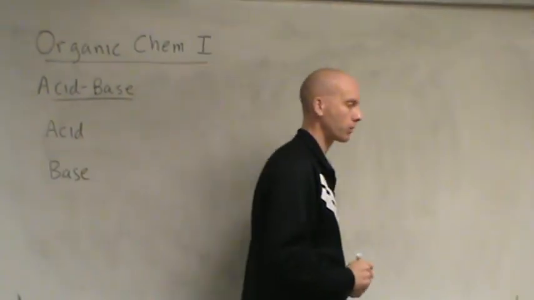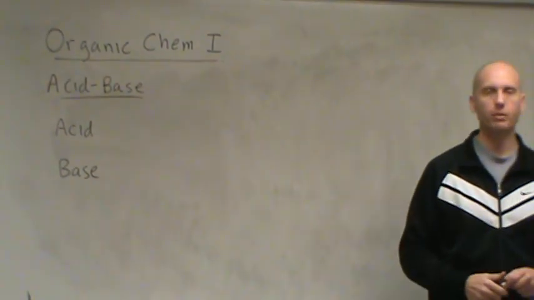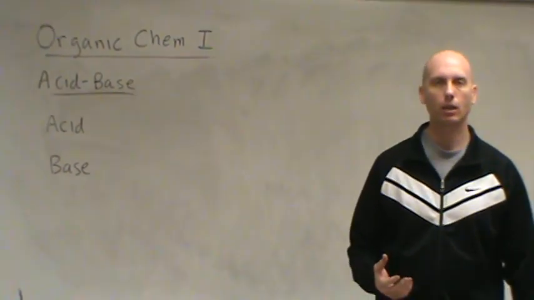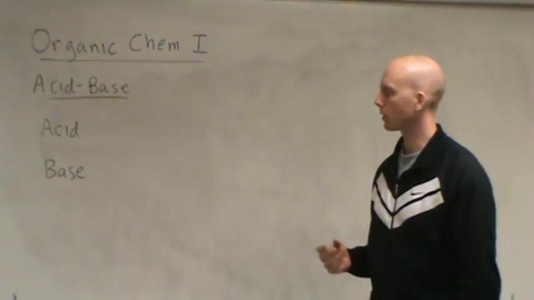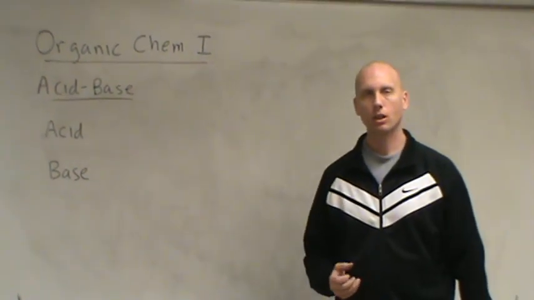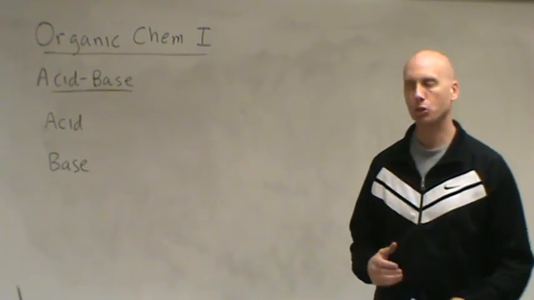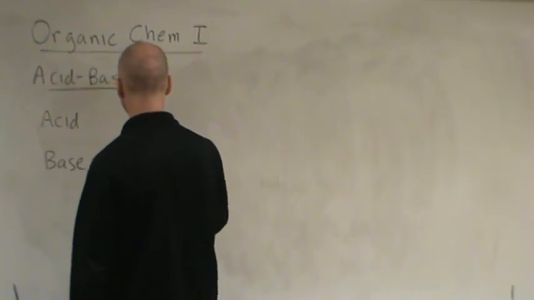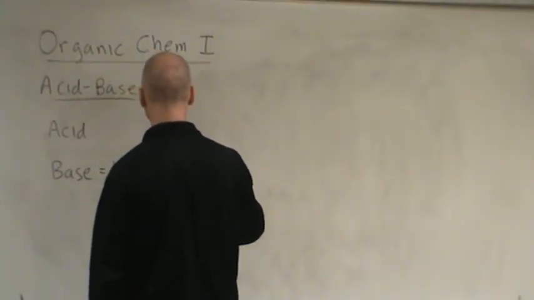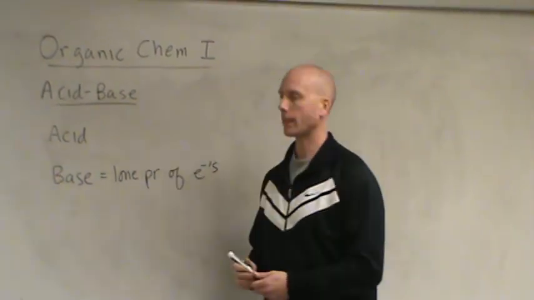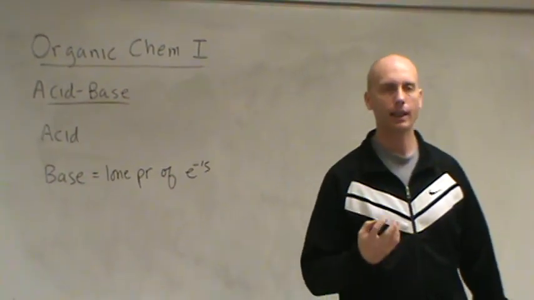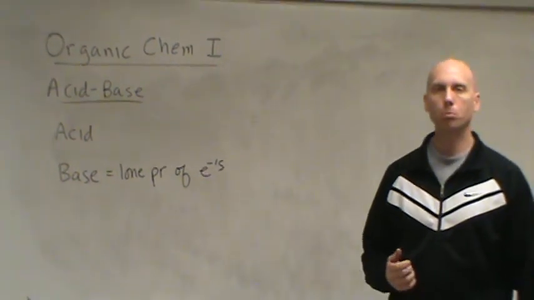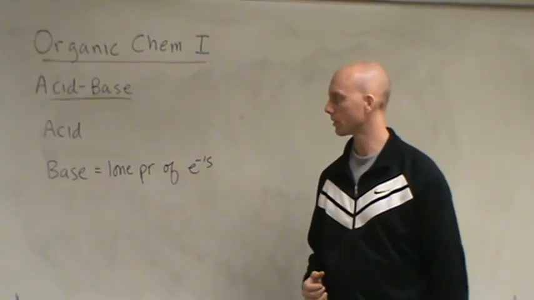Let's first of all give some formal definitions as to what makes something an acid and what makes something a base. Let's first of all look at the definition of a base. How do I know if something can act as a base? A very easy definition is that it must have a lone pair of electrons.